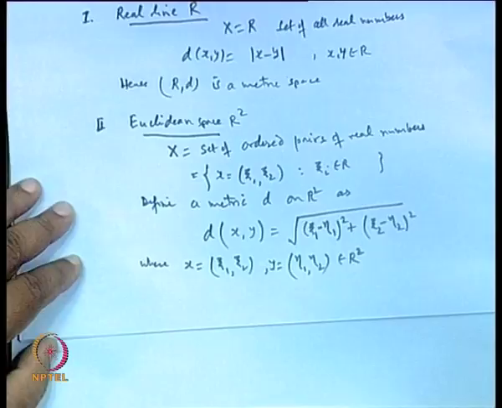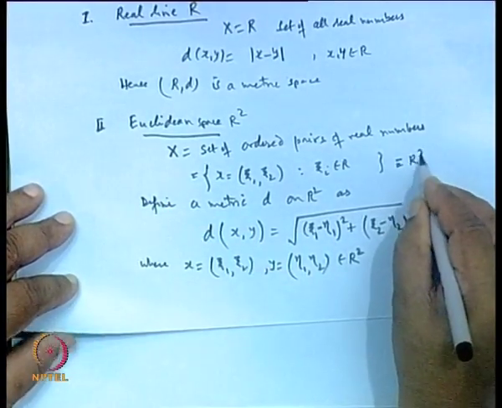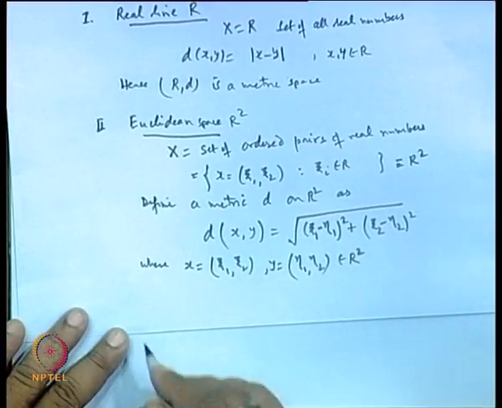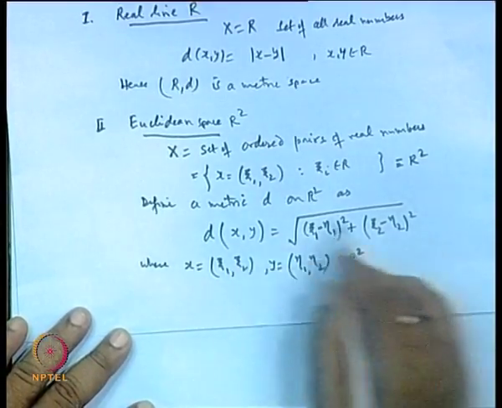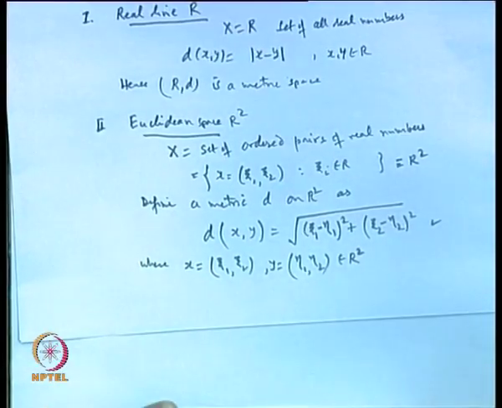So, this is our space X, which is R^2 space, okay. Then this notion of the distance which we define forms a metric space. Why?